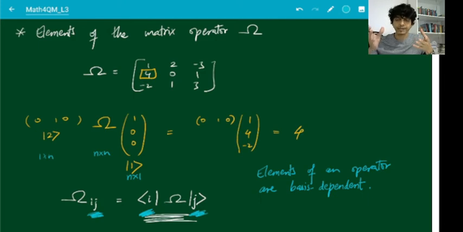If the operator represents a rotation by 45 degrees in the YZ plane, that meaning remains the same. Or if it is a stretching of vectors by a factor of 3, that fact will remain the same. However, depending on what basis you have chosen, the elements of the matrix operator might change. So this is a basis dependent fact.